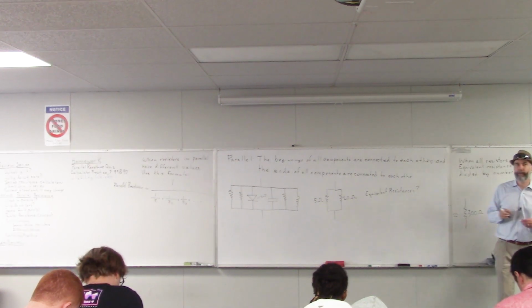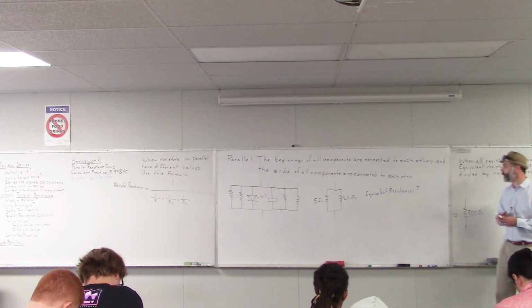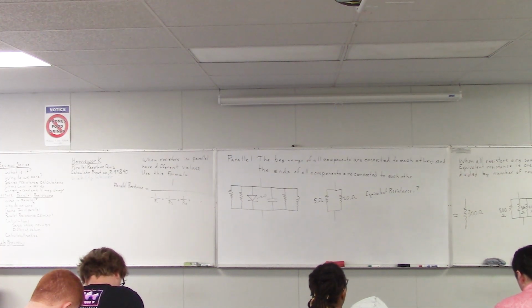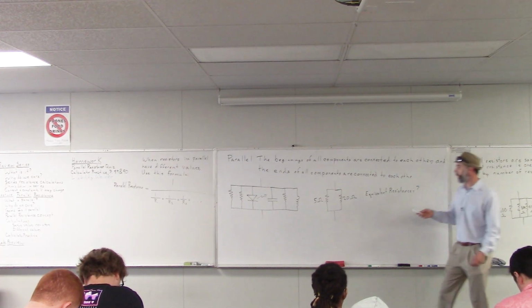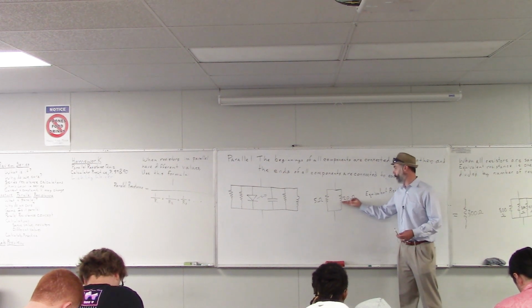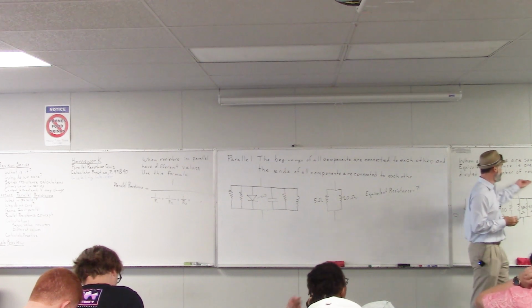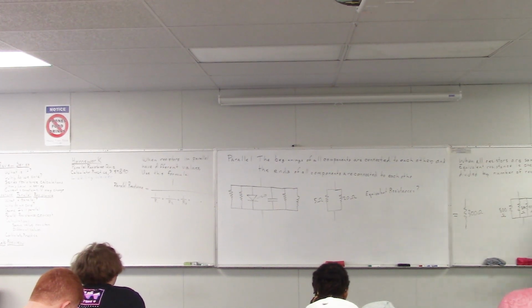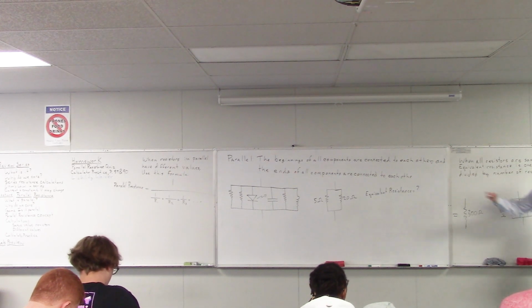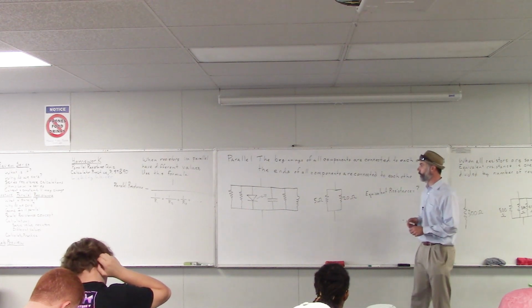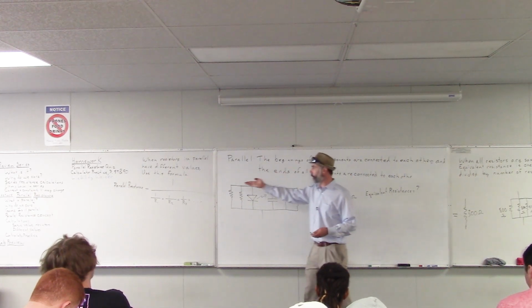Can we use this formula over here where we just divide one of these by how many resistors we have? No, because this formula only applies when all the resistor values are the same. And now we've got different resistor values. So we have to use this formula over here.